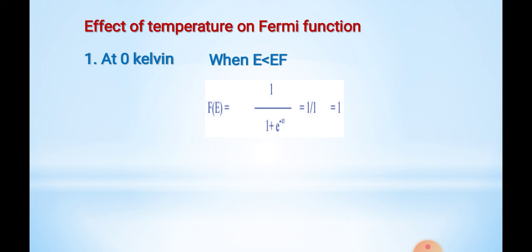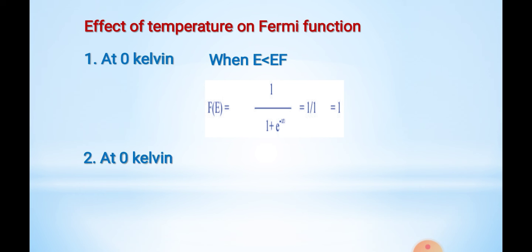On substituting the values, you will get f of E is equal to 1. f of E equal to 1 means the probability is maximum. So we have a 100% chance for the occupation of an electron below the Fermi level. Below the Fermi level we have a large number of energy levels, and all of them are filled levels because the probability is 1, that is, 100%.